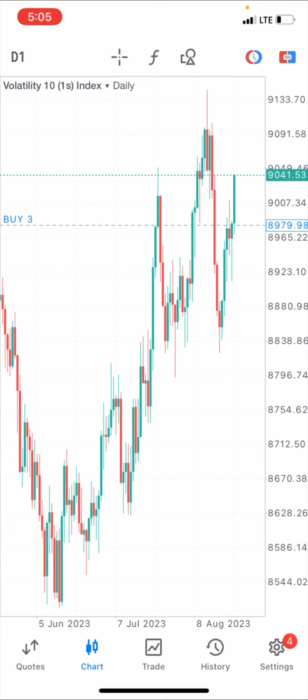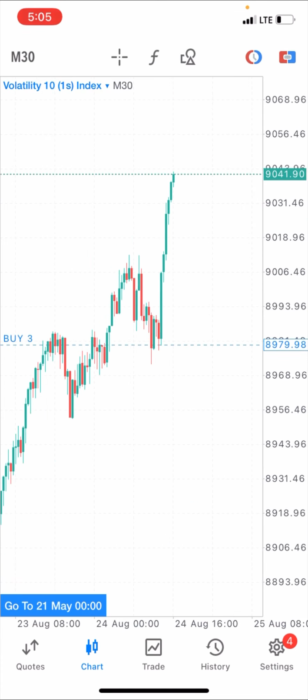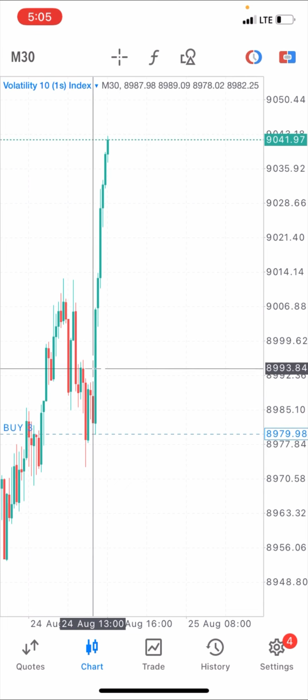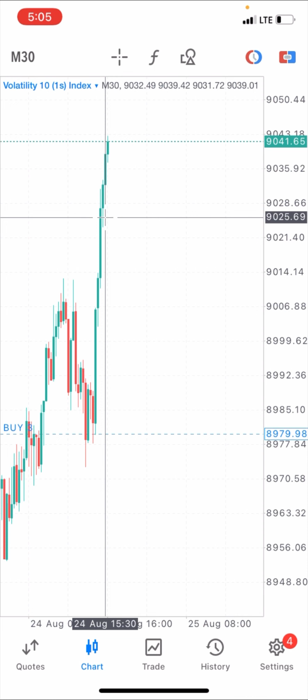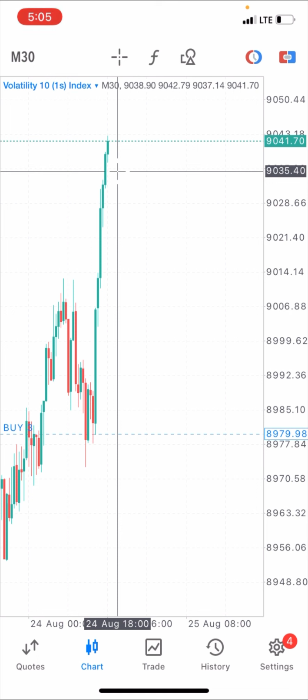All right, so just quickly, let's go to the 30 minutes time frame on volatility 10-1 second, guys. You can see that, counting with me, this is 1, 2, 3, 4, 5 candlesticks. Now we all know that each candlestick on each of these time frames forms according to the time frame, right?